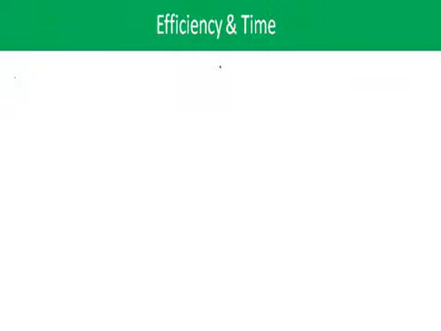Before moving on with the further modern questions in time and work, we'll have to understand the relationship between time and efficiency. Let's take a person who completes a job in a very quick amount of time. What does that mean? He is a highly efficient person, right? And let's assume a person is very slow and takes more time to complete the same job.